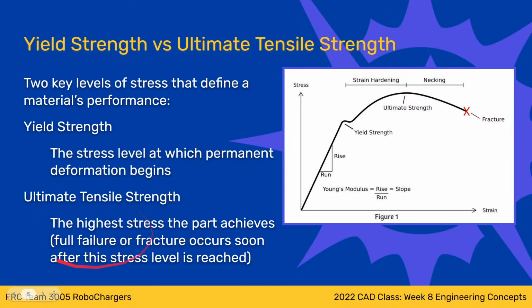And that's basically the ultimate tensile strength, the highest stress you're going to get out of that material before it fails. Generally speaking, once you reach the ultimate tensile strength, failure will occur very rapidly thereafter. It's not necessarily immediate, but it's very rapidly afterwards.